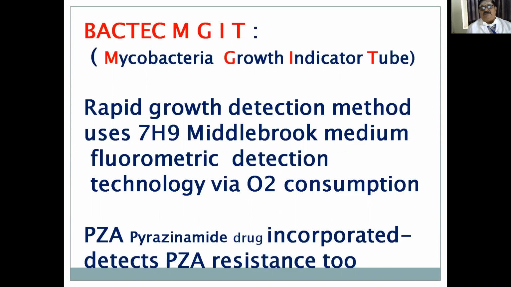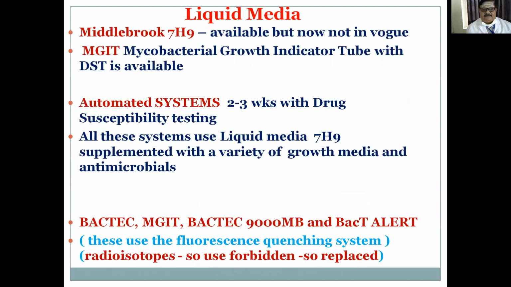And we told you some recent modifications: if you add pyrazinamide also, it can test the susceptibility to pyrazinamide. So by one test, you are assessing the growth as well as the susceptibility to a particular antituberculous drug, that is pyrazinamide.